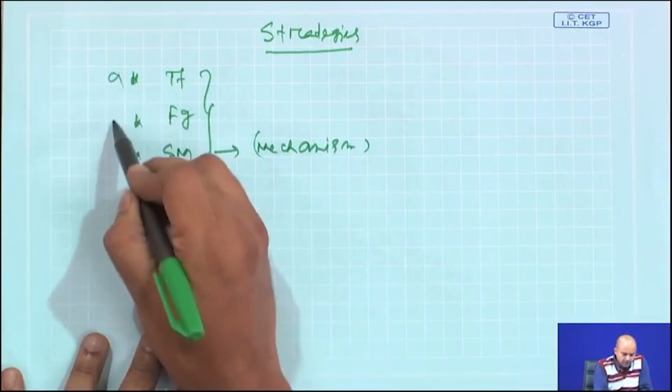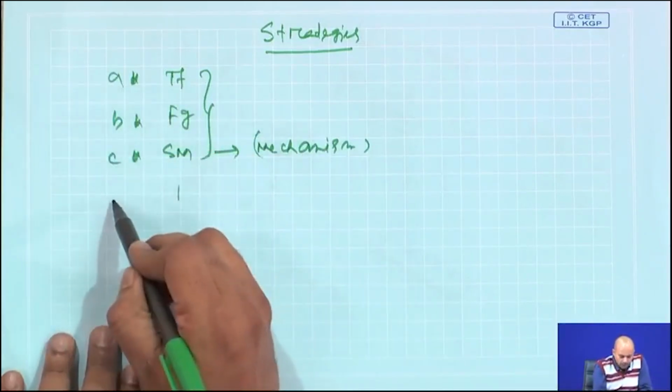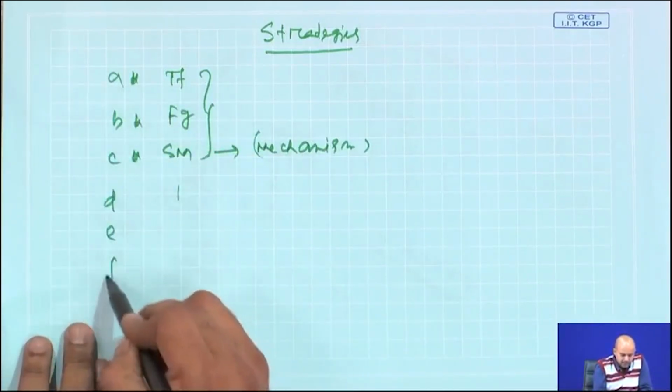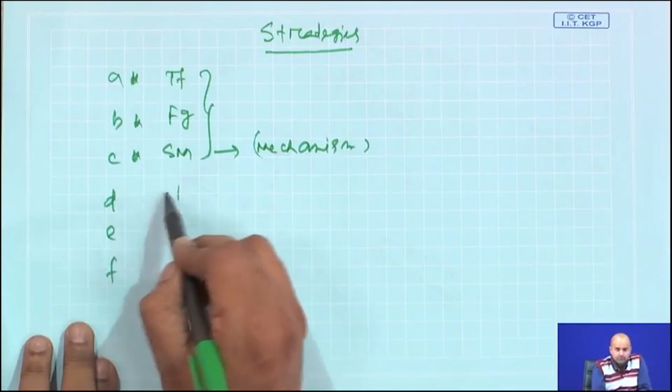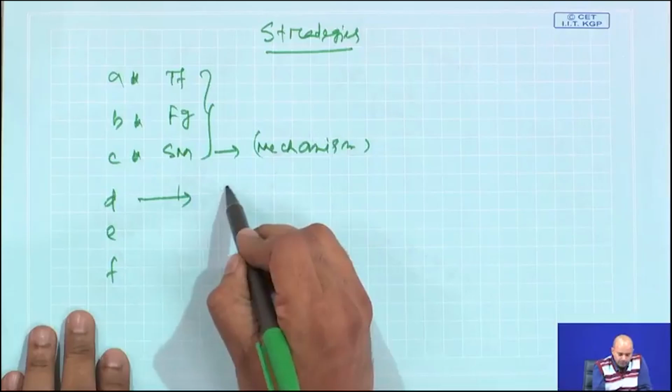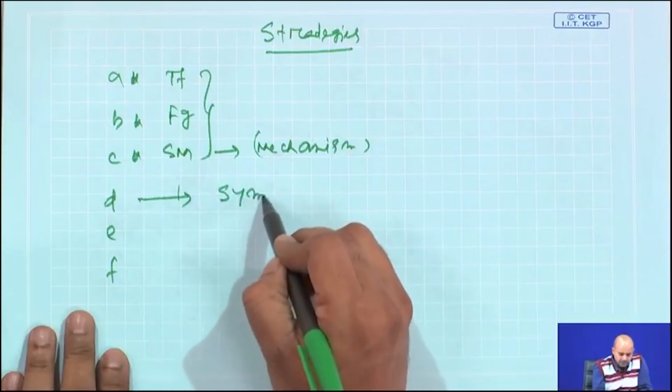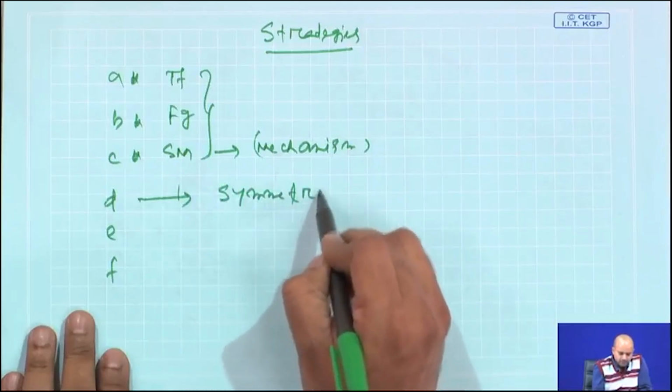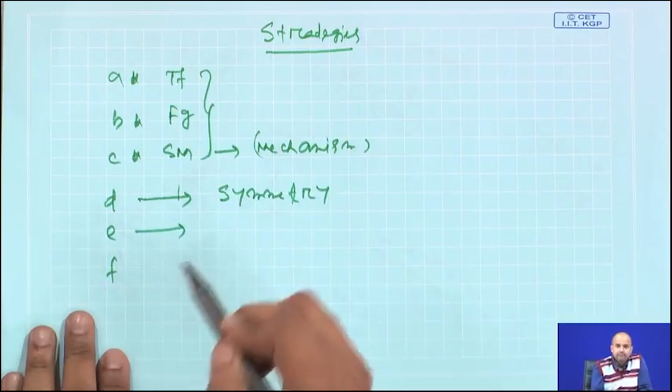So, strategy A, strategy B, strategy C. Now, we have also formulated the remaining strategies which are not very important, but also play an integral role. We say strategies like symmetry based strategies for designing a retro pathway.